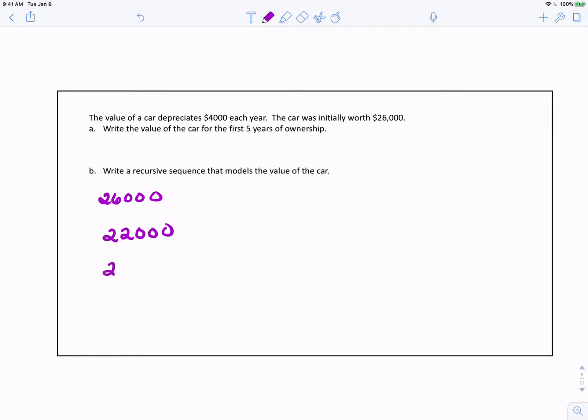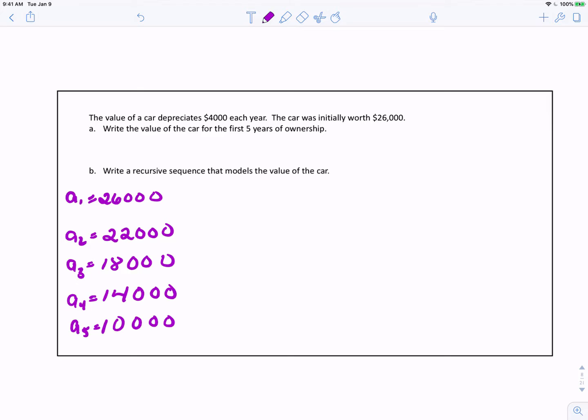In year 3, $4,000 less from that. And again, $4,000 less and $4,000 less. All right, so you can think of this as the terms of a sequence. Our first term, our second term, our third term, our fourth term, and our fifth term.